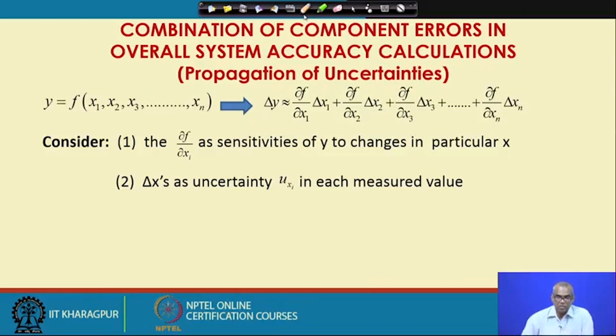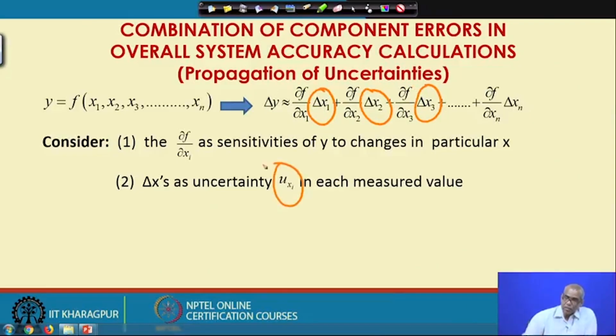So, these delta x represent uncertainty u x i in each measured value. So, delta x 1 is uncertainty in measurement of x 1, delta x 2 is uncertainty in measurement of x 2, and so on and so forth.